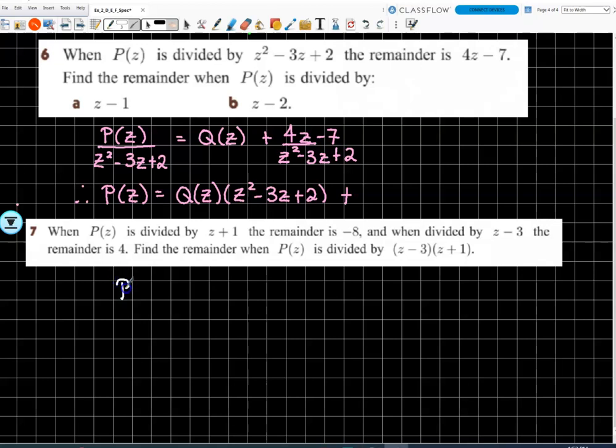The first thing we actually have to write is p of x is going to be q of x times, I'm dividing by, it's downstairs when I times it up. So you're dividing by the x plus 1, you're dividing by the x take 3, and your remainder now is ax plus b.